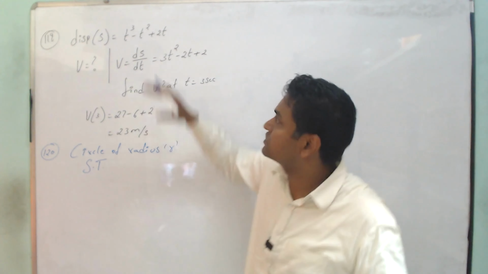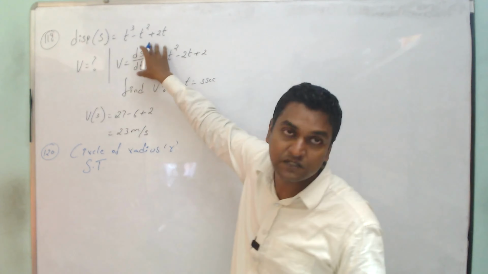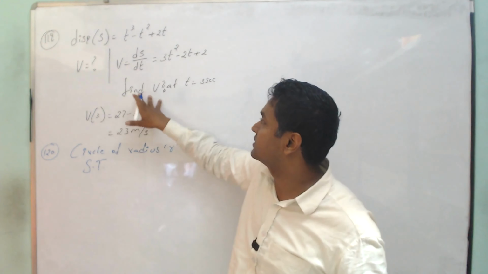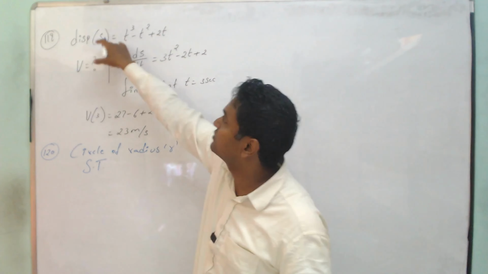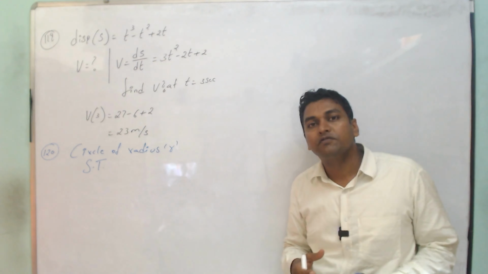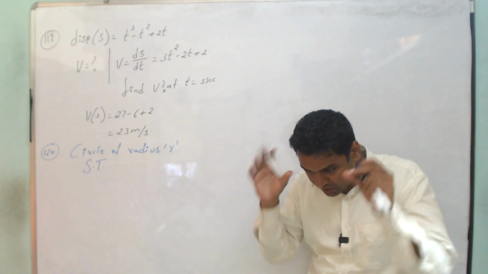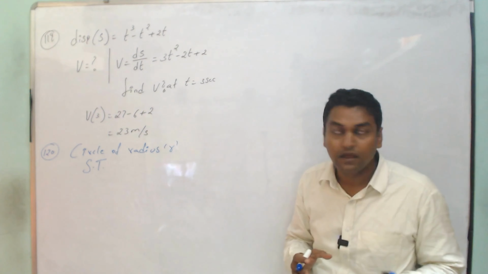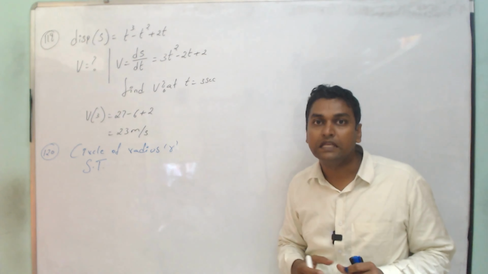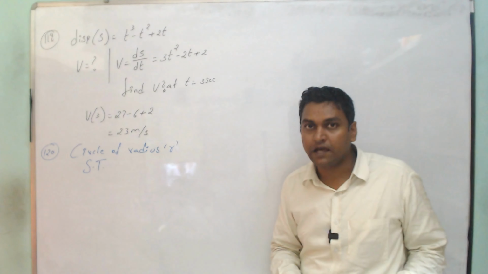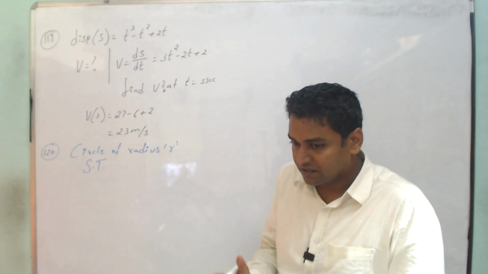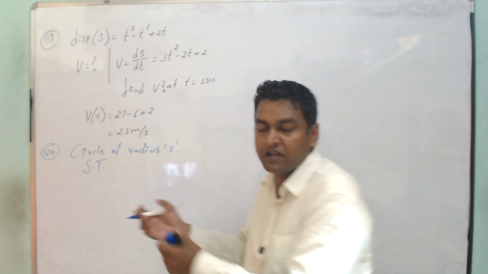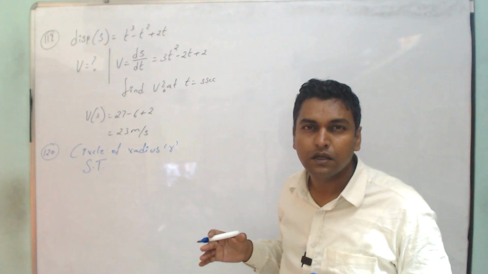In the earlier question, the condition was that displacement is this function, and find velocity at 3 seconds. So the particular condition is given, and if I say displacement is sin t, then a different answer will come. So basically conditions are there, and using those conditions we are told to find something.